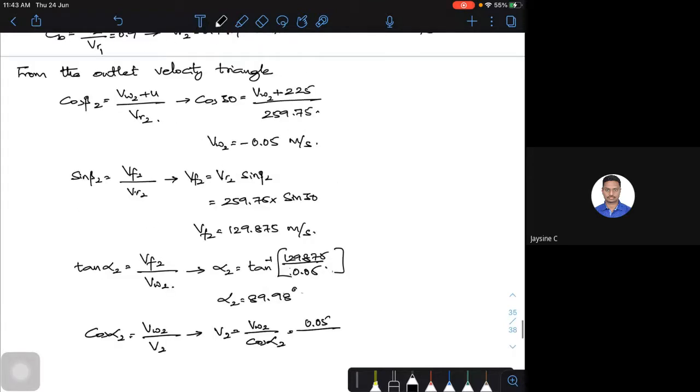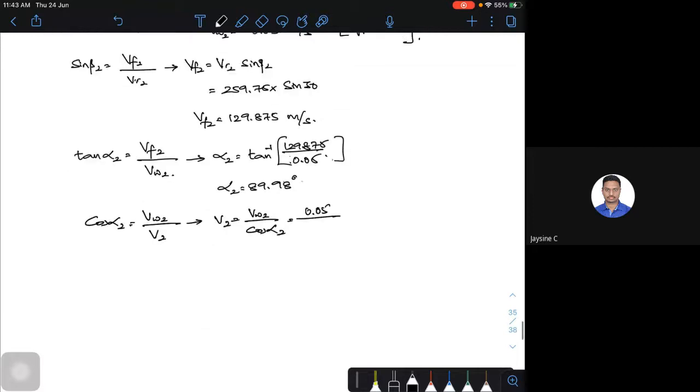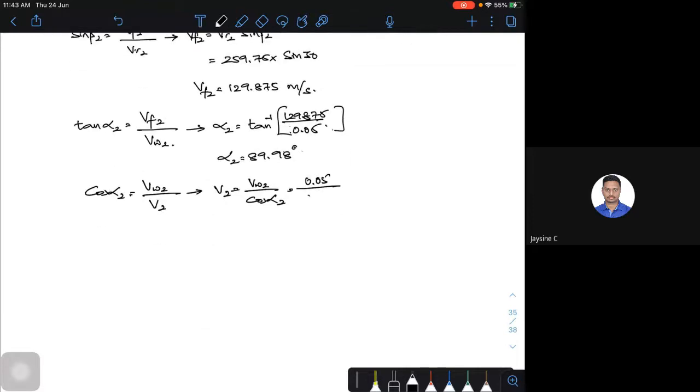I am going positive; I am just writing it in the opposite direction because I have changed my velocity triangle. So this is cos 89.977, something like that, so it is 0.98. So your V2 is around 143.24 meters per second. I got my V2.